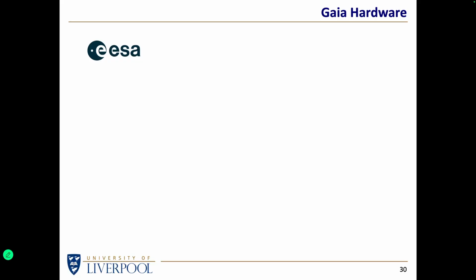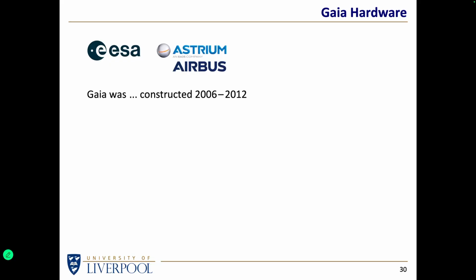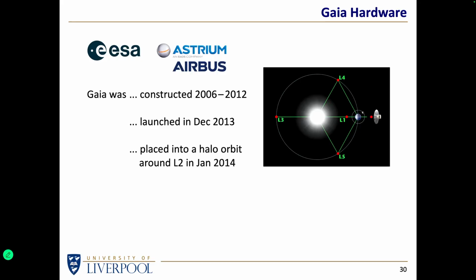And then finally it was all integrated by the Astrium company in Toulouse, France. Astrium is a company which was then incorporated into the Airbus consortium. It was constructed between 2006 and 2012 and launched in December of 2013. And it was placed into orbit around L2 in January of 2014.